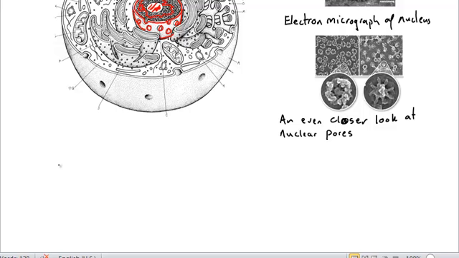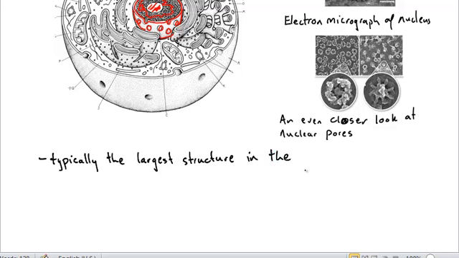So, with the nucleus, it is typically the largest structure in the cell. And you're noticing I'm writing small. You're going to need to write small as well. There are some exceptions. First of all, in the red blood cell, because why?